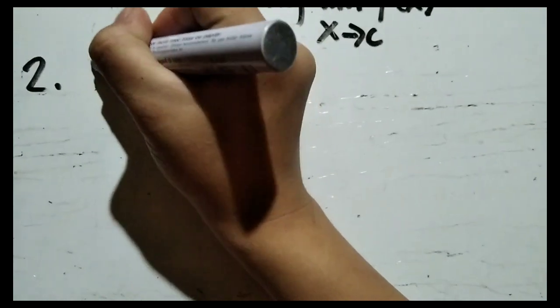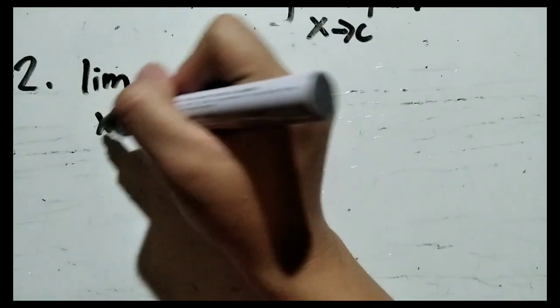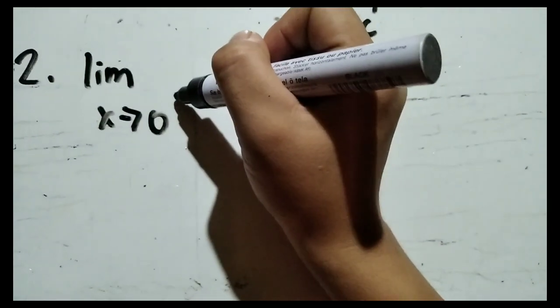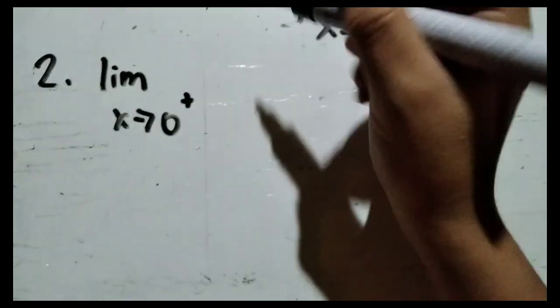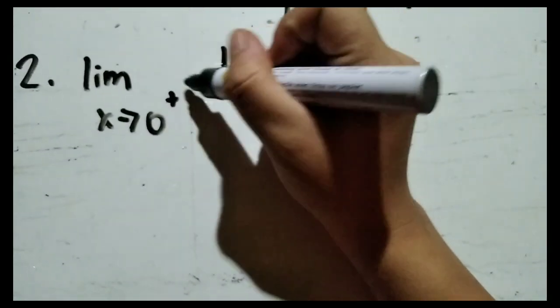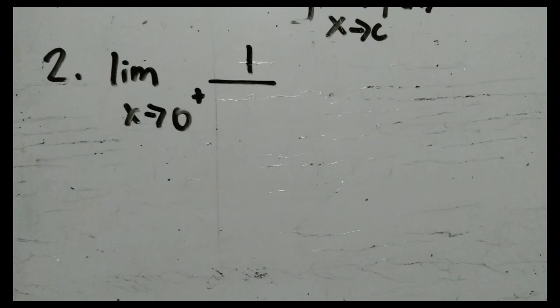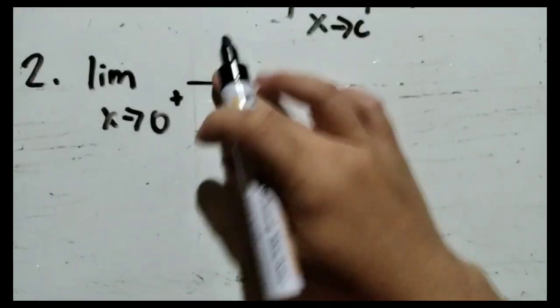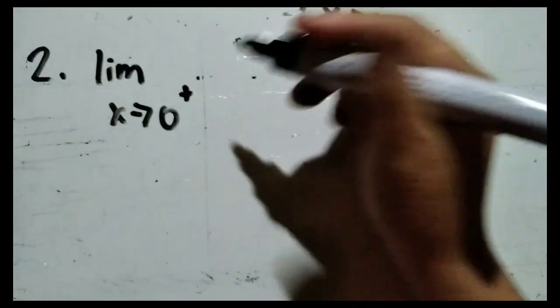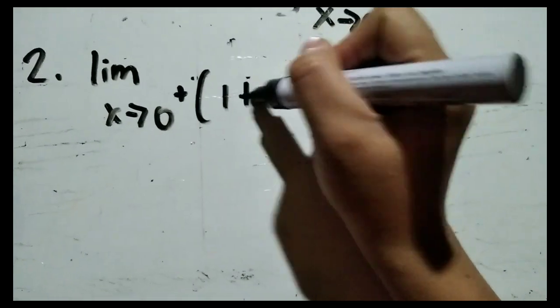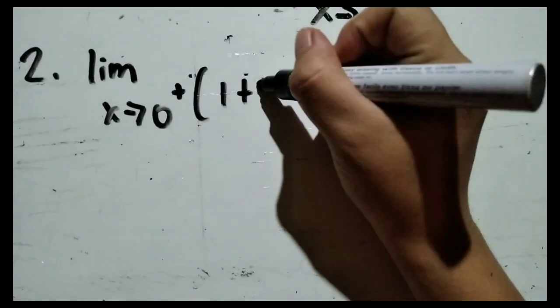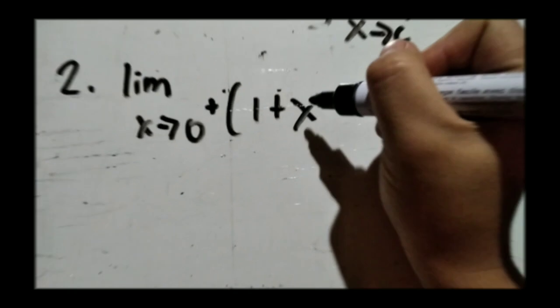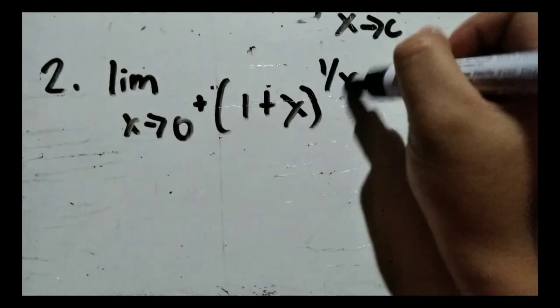So example number 2, we're going to evaluate this limit as x approaches 0 from the right side of 1 plus x raised to 1 over x.